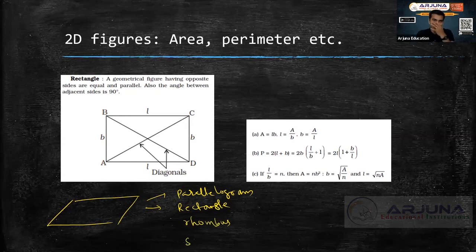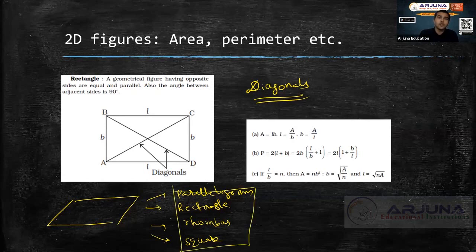The one which determines whether it is parallelogram or rectangle or rhombus or square is its diagonals. So what plays a very important role here? It is diagonals.